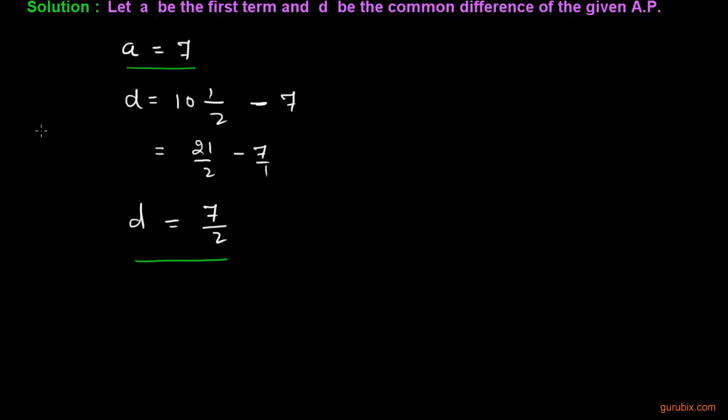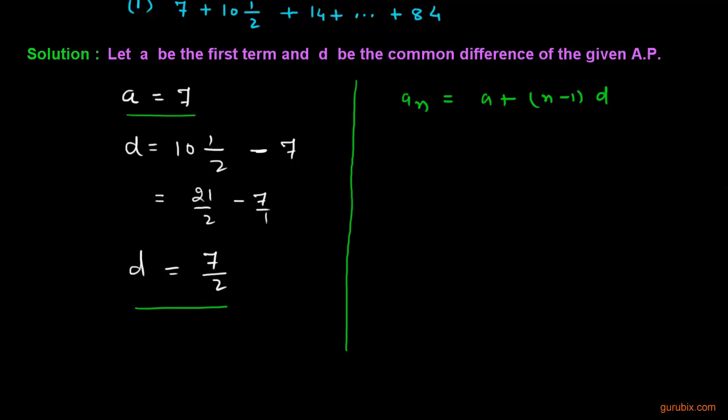Now we shall use the general term to find the value of n. This means the number of terms in this series, and the general term is an equals a plus n minus 1 into d, and an is the last term, and the last term is 84, which is an equals 84, that is given to us, and a is 7.